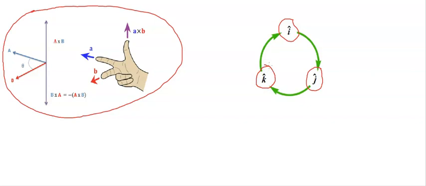And if you cross clockwise, which we're asked to do here, i cross j, your resulting vector will be positive k. In contrast, if you were to cross counterclockwise, j cross i, then the resulting vector would have been negative k.